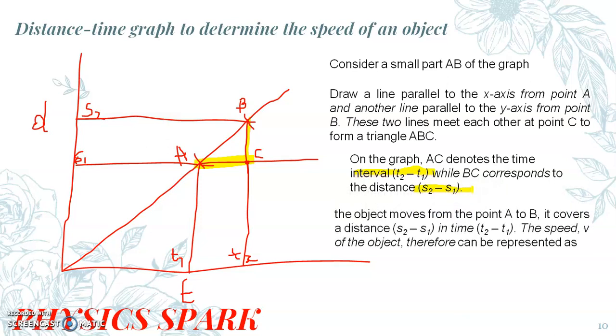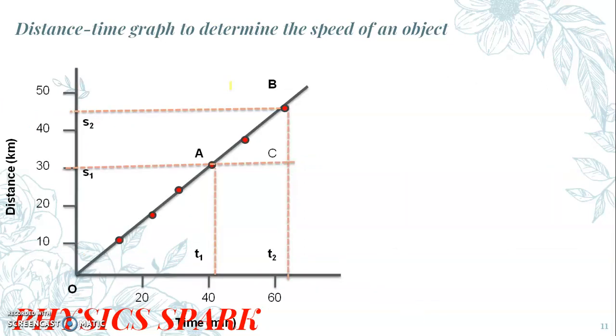Now that means the object moves from point A to point B. You can say from point A to point B, it covers a distance S2 minus S1 in time T2 minus T1. Therefore we can find the speed of the object, that is given by S2 minus S1 divided by T2 minus T1. Now we will see how we can find it from the graph.